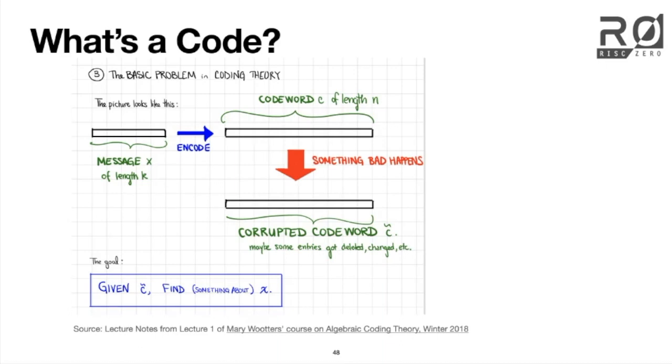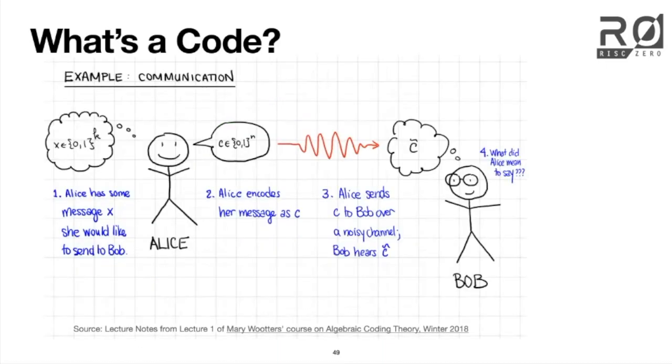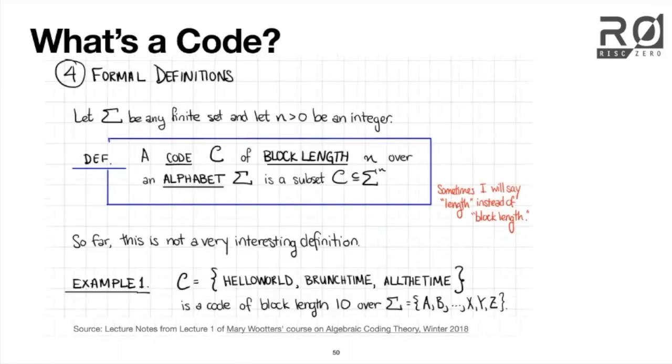So here's that in a diagram. Alice is thinking of some string of zeros and ones. Alice encodes the message. Alice sends it with some potential noise, and Bob receives it and wonders about what was that original message.